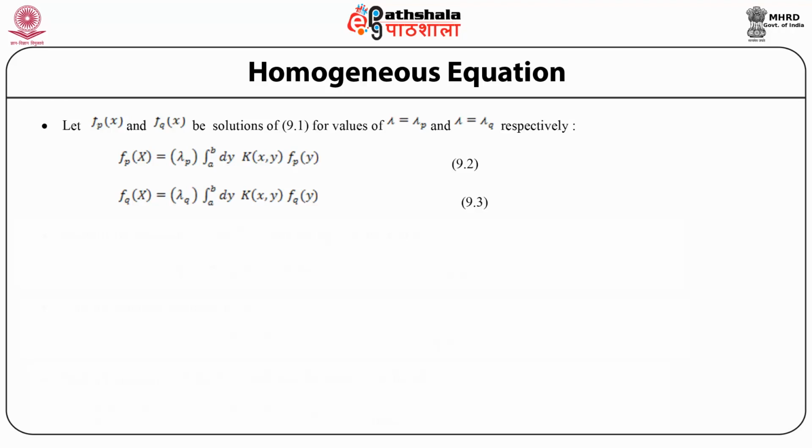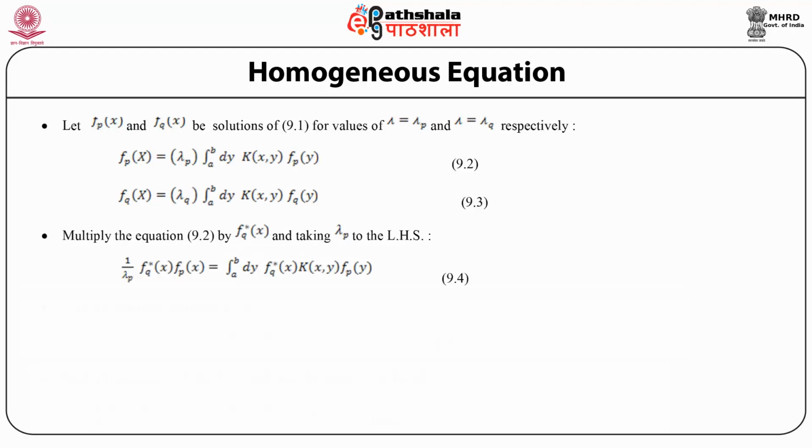That is, f_p of x is equal to lambda_p times the integral from a to b dy k of x, y f_p of y, and f_q of x is equal to lambda_q times the integral from a to b dy k of x, y f_q of y.